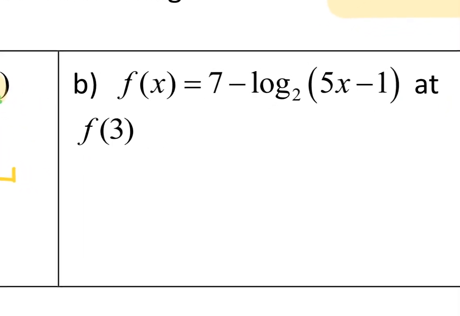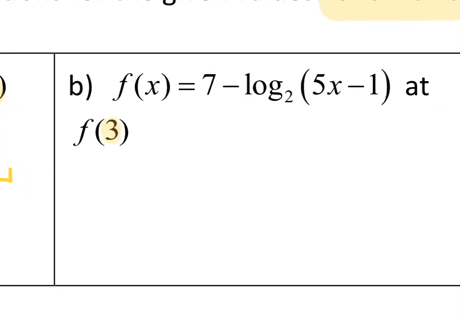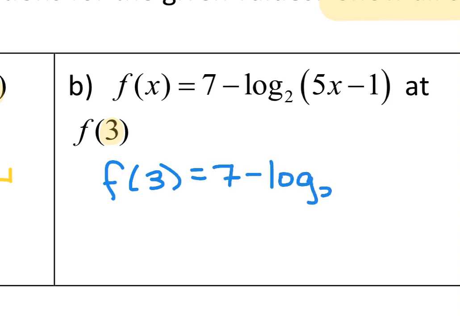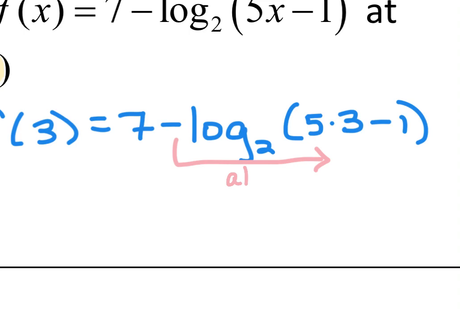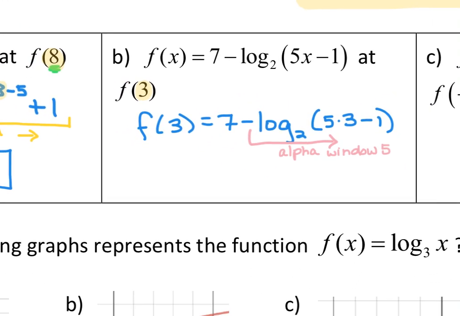In the middle one here, you're evaluating this function for f of 3. And so I'm going to start by showing my substitutions. So f of 3 equals 7 minus log base 2 of 5 times 3 minus 1 inside the parentheses. And I can type this in exactly like this, but remember that for the log base 2, you need to use your alpha window 5 to get that different base.